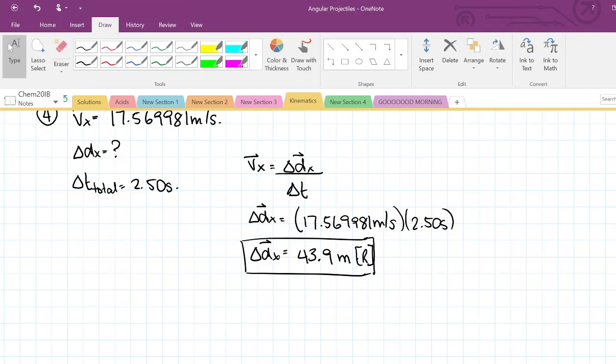So that's definitely a little bit more of a challenging problem because the ball is starting at one point and ending at a different point in the y direction, which means that there's just a little bit more calculation that has to take place.